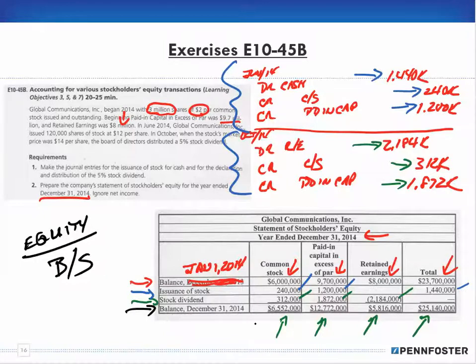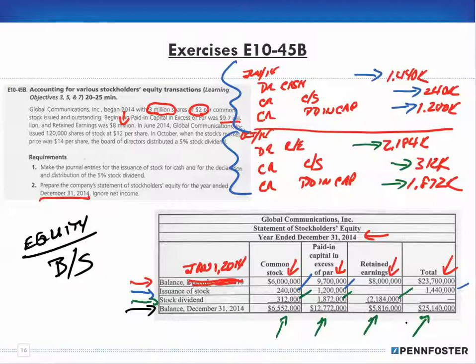Remember, you're going to create your balance sheet first, then create your statement of stockholders' equity second. Those figures should match so that you know you're doing something right. That's the system of checks and balances.